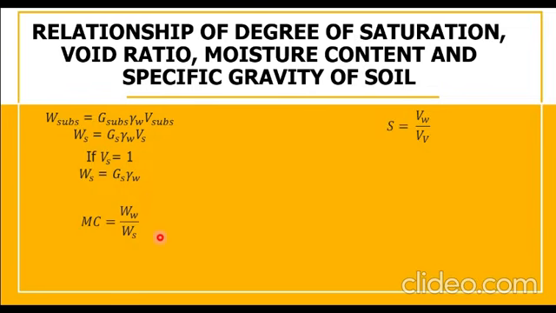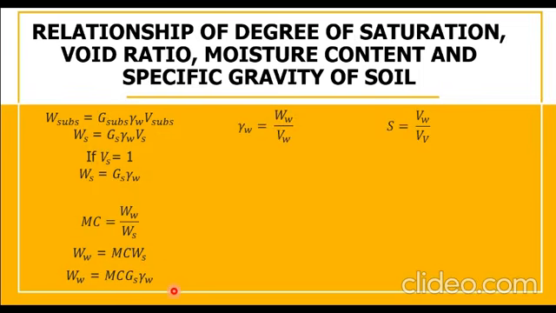And then we know that the moisture content is weight of water over weight of soil solids. Therefore, weight of water will be equal to moisture content times weight of soil solids. And weight of water is equal to MC multiplied by specific gravity of soil multiplied by unit weight of water, because we substituted the value of weight of soil solids here.